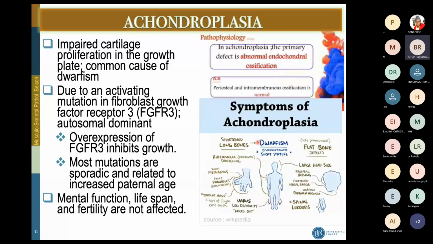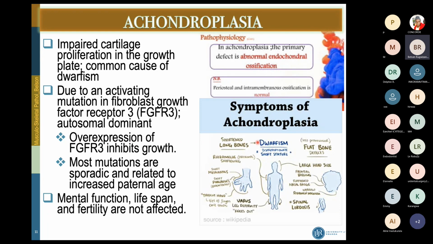So you understand, if someone was born to a father who is old, they have that risk of acquiring this achondroplasia. Here they say mental function, lifespan and fertility will not be affected. So although they are short, they can give birth to children.